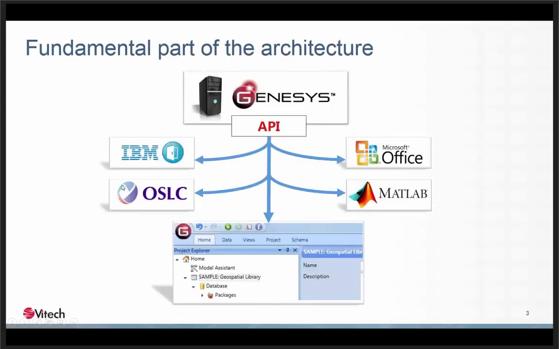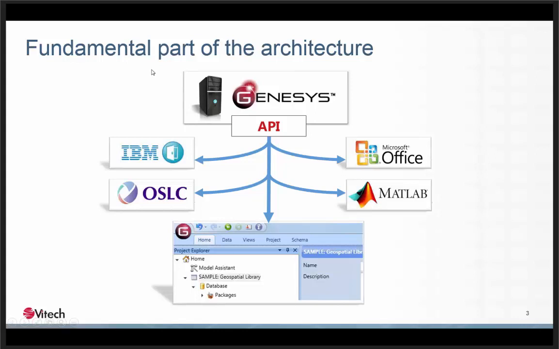Okay, so in terms of a high-level overview of the API, I think the primary takeaway is probably that the API is a fundamental part of the architecture. It's built into the architecture, as opposed to perhaps an add-on or a wraparound for the architecture that exposes particular points within it. Instead, the API is fundamentally built into the architecture.